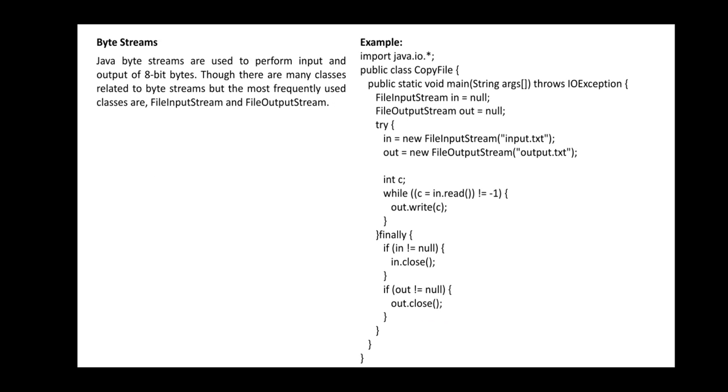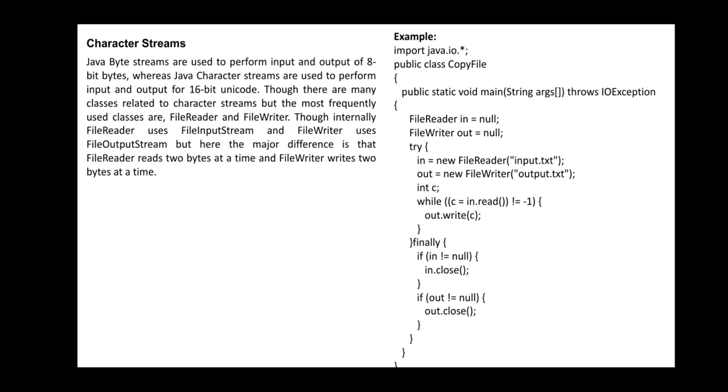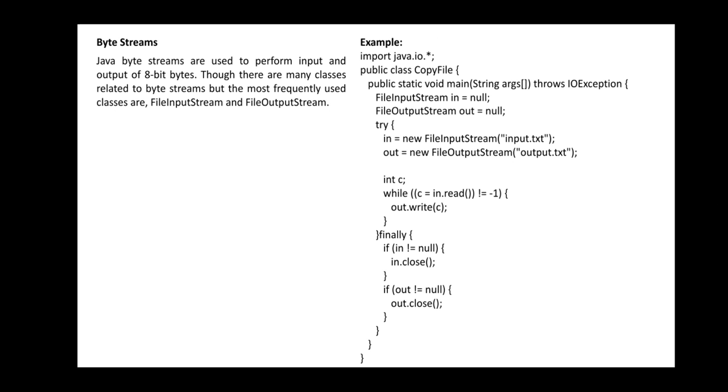So what you can understand from this is that the byte stream is used to read the information of 8-bit bytes at a time. A particular character or a byte is stored one by one from one file to another file. And lastly, why should we close the files?